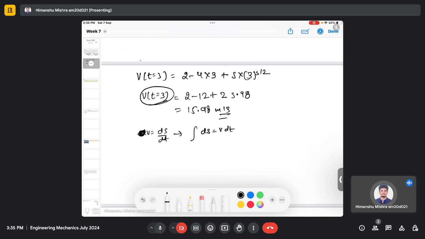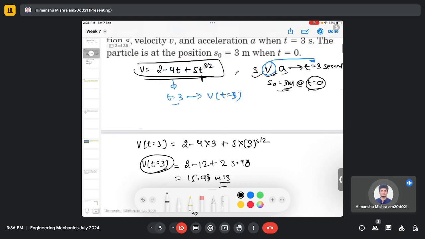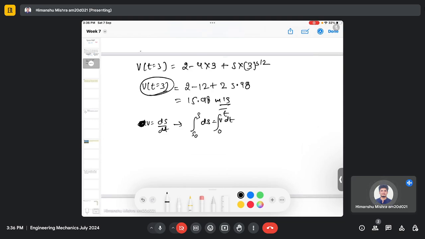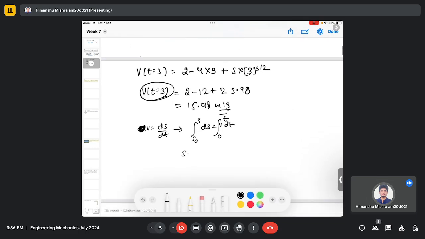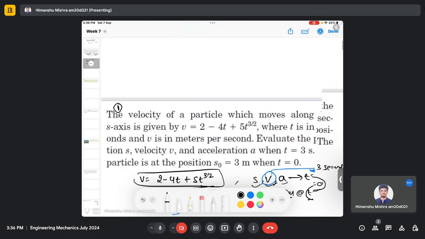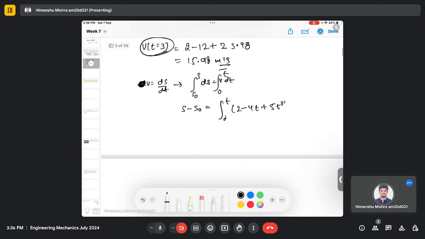We are integrating from s naught, because we have been given the initial position s naught, to s, and on the other side from 0 to time. We already performed this integral before coming to this question. So on integrating this, we have s minus s naught equals the integral of the expression of v, which is 2 minus 4t plus 5t to the power 3 by 2, dt.